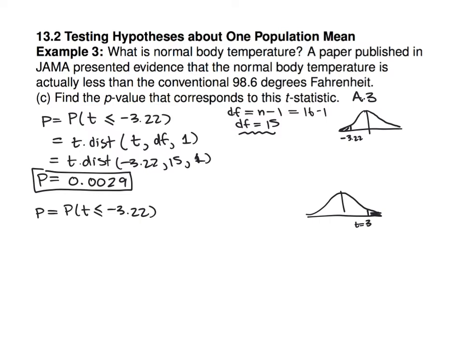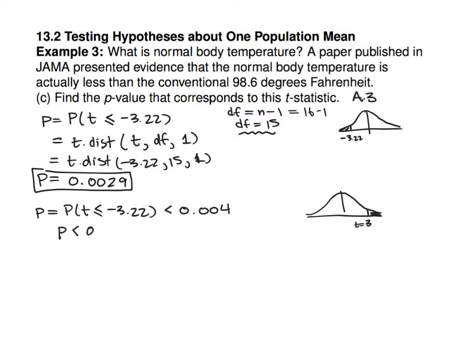Positive 3.22 would fall to the right of 3.0. And you can see what happens to the p-values as you go further to the right. At 2.58, it was 0.01. At 3.0, it's 0.004. So our p-value is going to be less than 0.004. And if you had your table, that's all you could say.